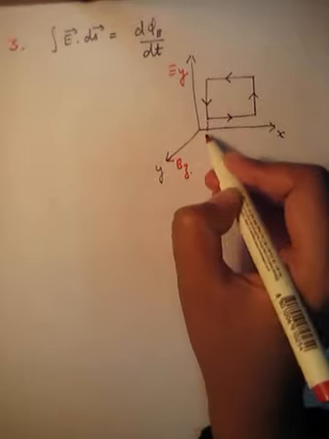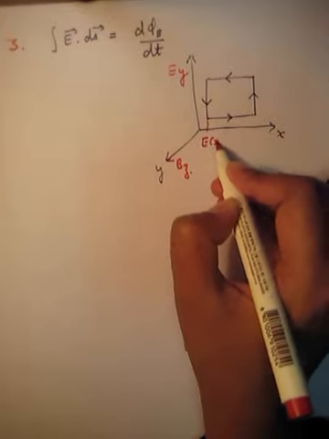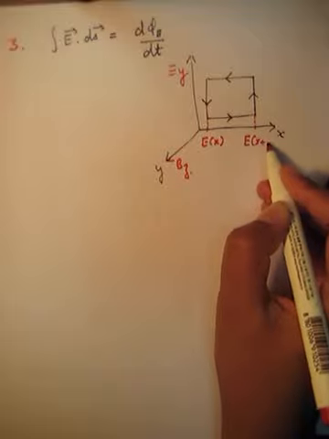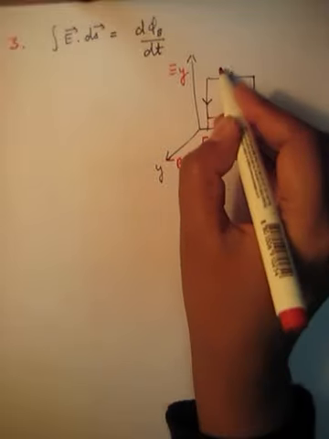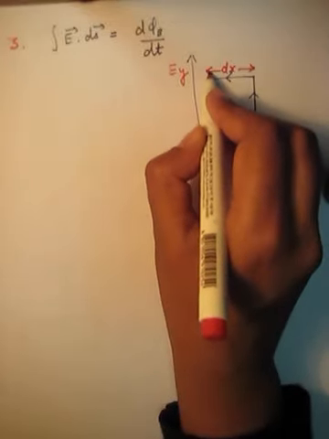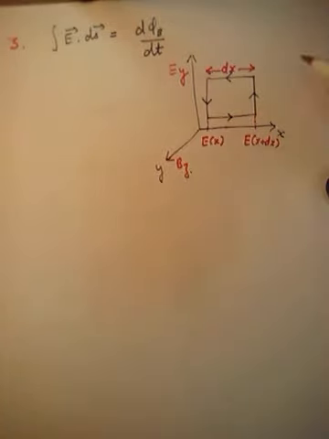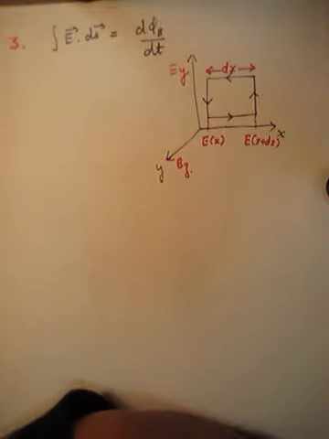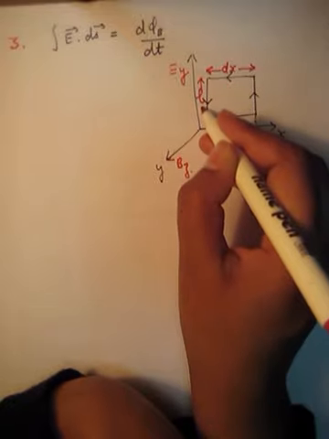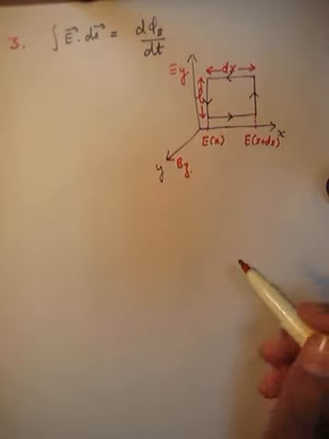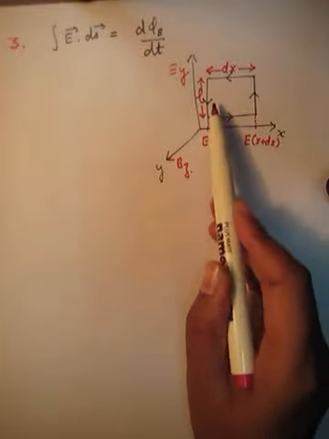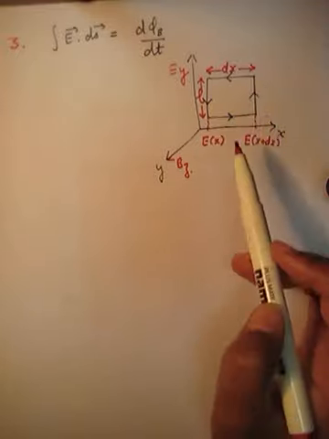So if the electric field is a function of x at this point, it will be a function of x plus dx at the other, because if this distance is dx, and the length of this loop is L, then when we move from one point to the other, the electric field will change.